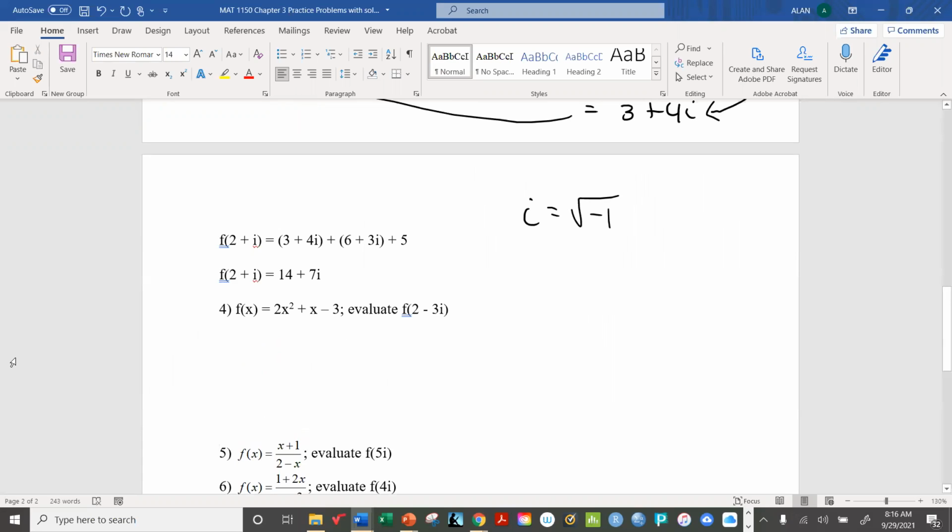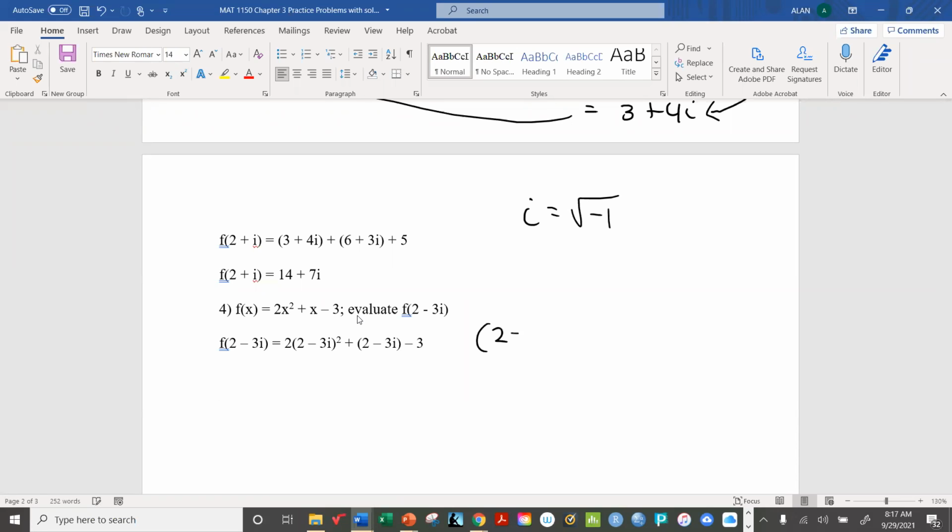All right. So now here, we'll need FOIL again, because as you can plainly see, there's a square term in here. Let's do the FOIL. We have to watch it because it's not just x squared, it's 2x squared. So whatever we end up with from our FOIL, we have to remember to multiply by 2 at the end.